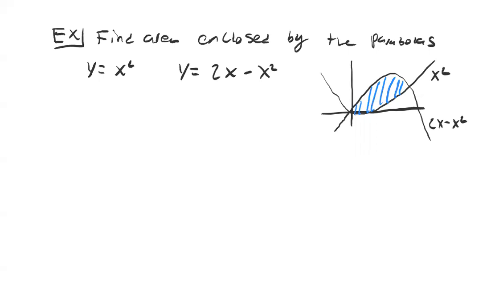But now I need to figure out my integration bounds. So you can kind of see that they are the same at 0. So they both intersect at 0. What I'm trying to find here is the intersection points here and here. So the way we figure out where two functions intersect, you have to think about what we're asking.